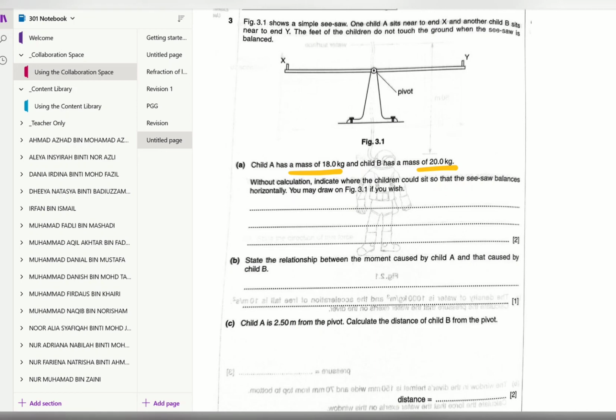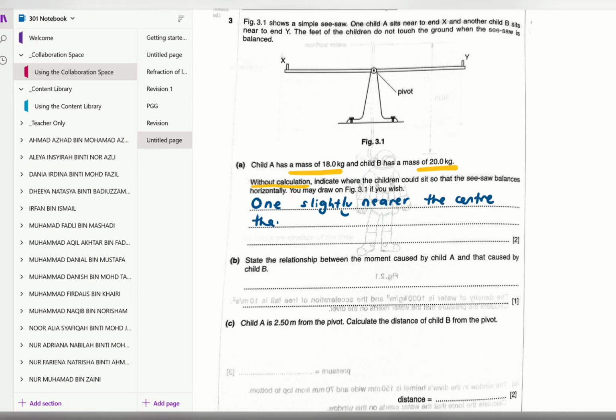So of course, in order to be balanced, both of them must sit opposite. One slightly nearer to the center and another one slightly further from the center.